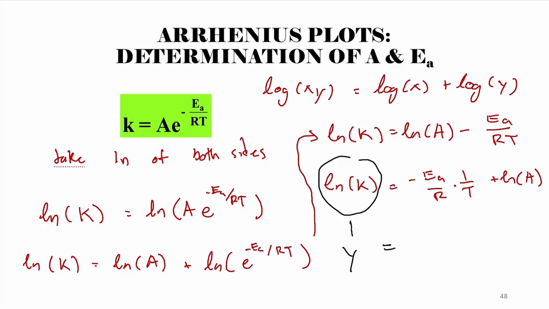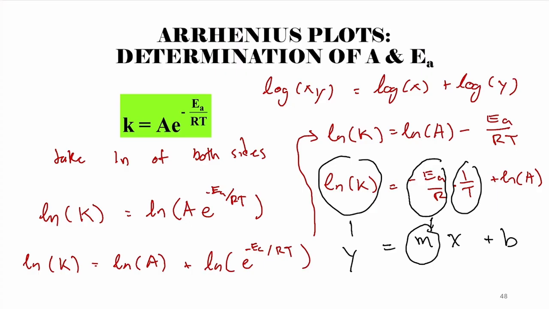And what's the equation for a line? mx plus b, right? So we have mx plus b. So minus EA over the ideal gas constant, that's our slope. 1 over the temperature, that's our x value.